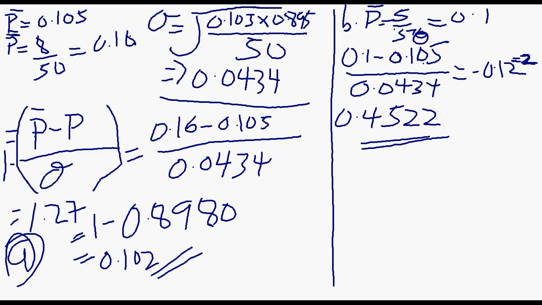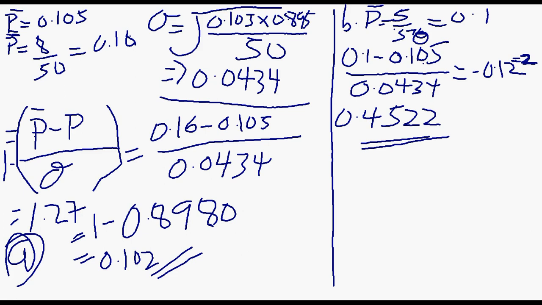So now n will become 250. You have to solve for the standard deviation again, and the proportion P bar will also change.